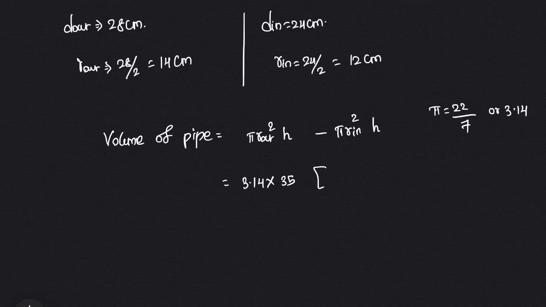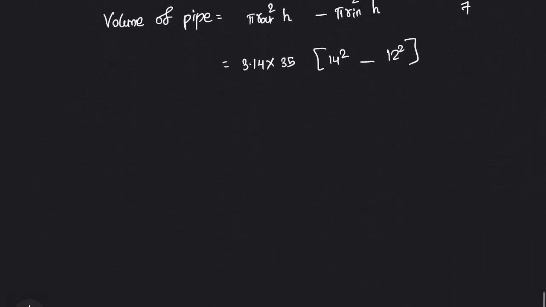R out is 14, so 14 square minus R in, that means 12 square. The final value is 5720 centimeter cube. So this is the volume of the pipe.